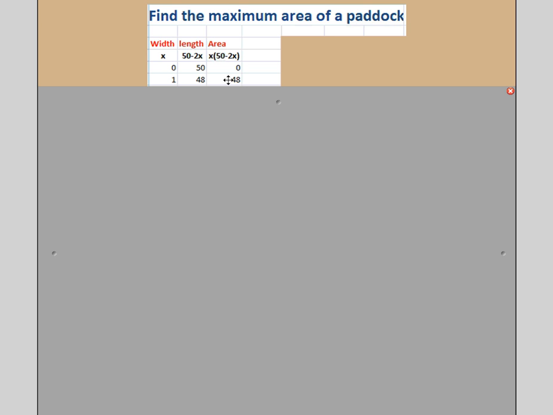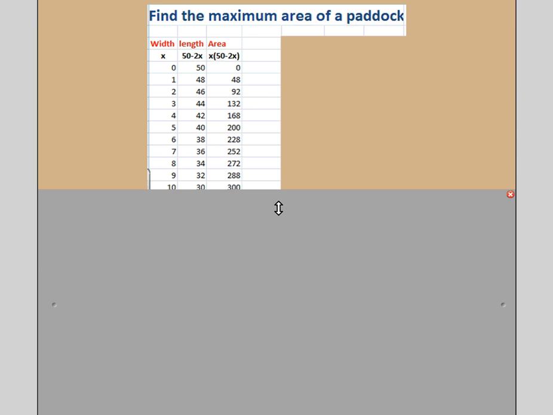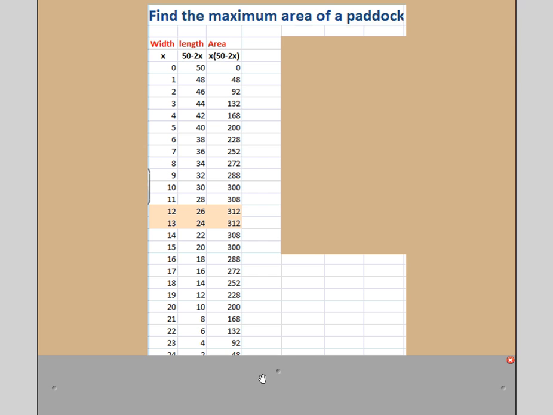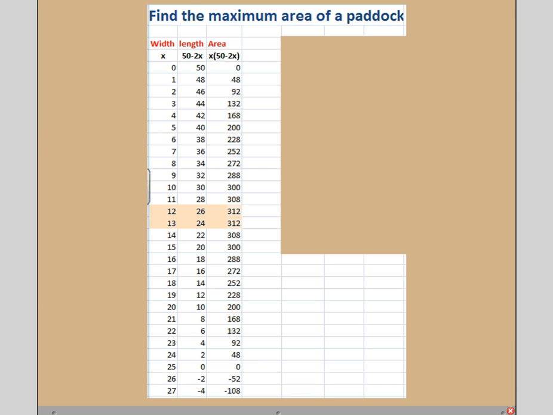By putting a formula in here, we were able to generate values within the spreadsheet. As you can see, when x is 6, it's 228, and it's still going up. At 11, it's 308, 12, it's 312, 13, it's 312. So the maximum area is somewhere between these two values. If we keep going, making the width 14, we see now that we're dropping off.